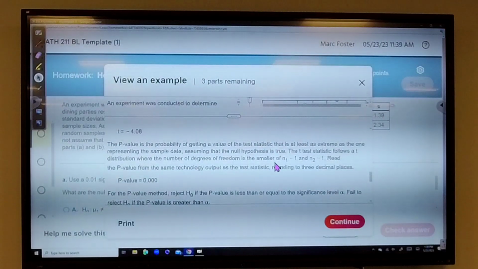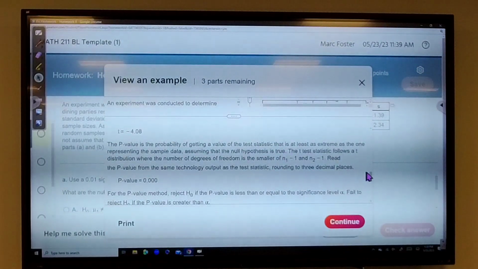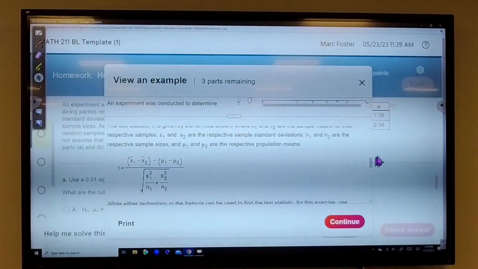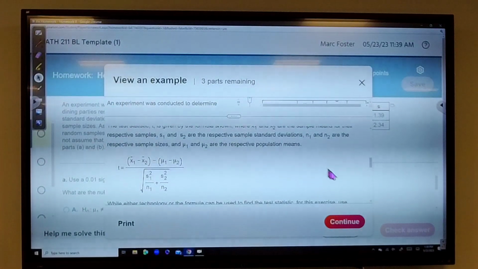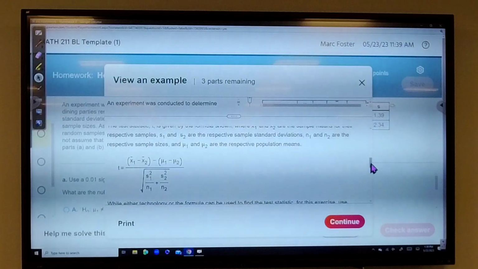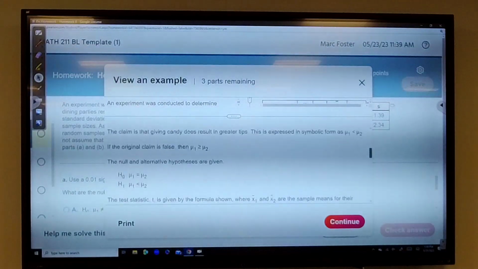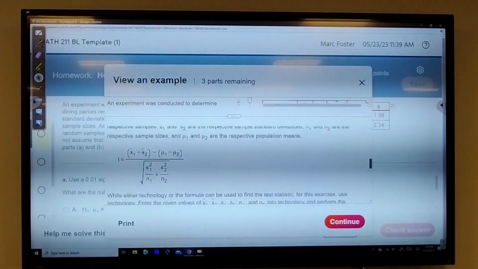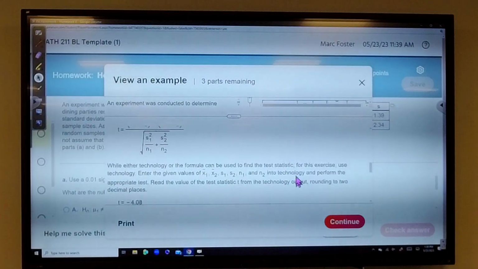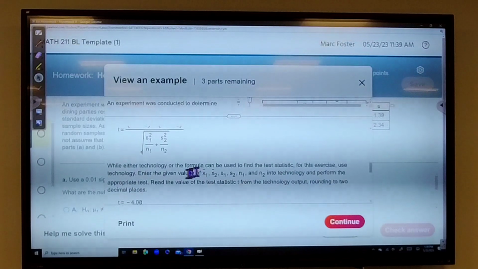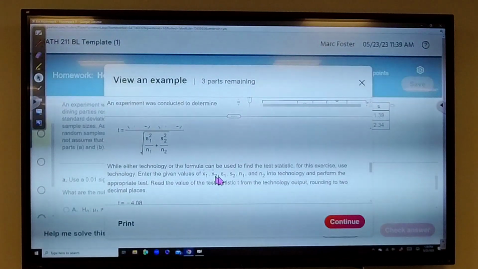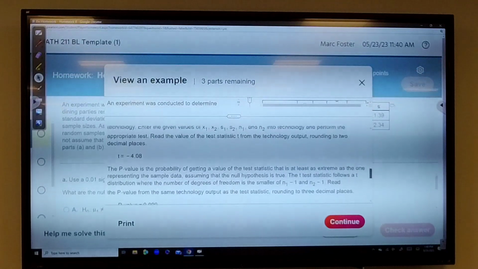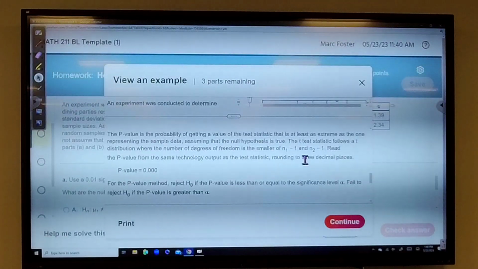Why is it wrong? There's our test statistic. That's at least right. So they would say to you, here's the formula for the test statistic. You can use either technology or the formula. Here we're going to use the formula, and they get this number for their test statistic.